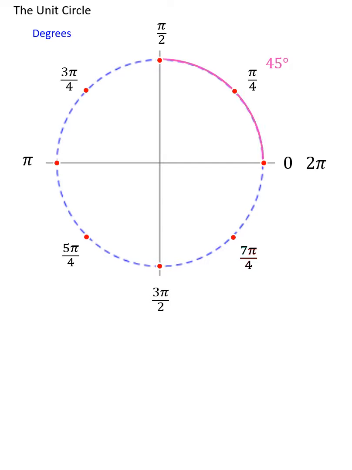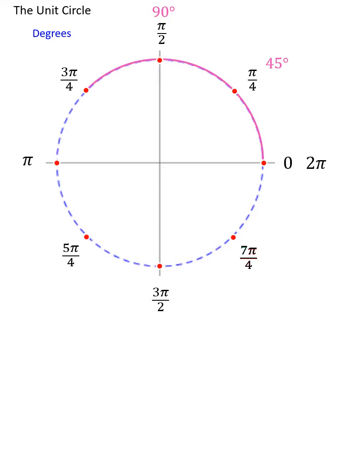Here's another example. Consider this arc. That arc is associated with a 90-degree angle at the center of the circle, and because the angle is 90 degrees, we call the arc 90 degrees, and we associate 90 degrees with pi over 2, because the arc terminates there, because pi over 2 is its length. One more quick example.